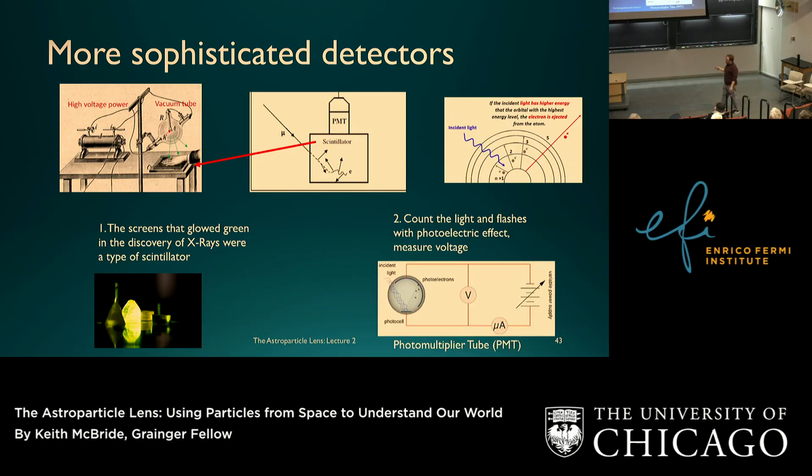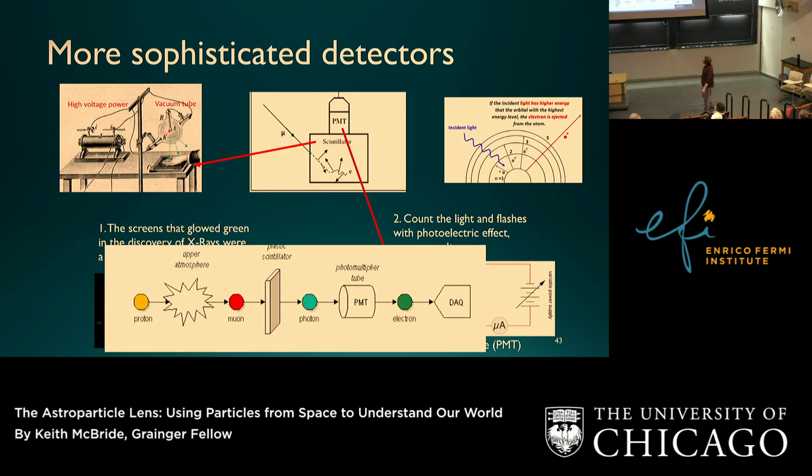And this fundamentally relies on the photoelectric effect, which was also part of the X-ray and electron journey at the beginning, right? You have incident light coming in, and in the photomultiplier tube, it hits a certain kind of material, and that material emits a bunch of electrons, and those electrons are the voltage that you measure, right? So that's how more sophisticated detectors work nowadays.